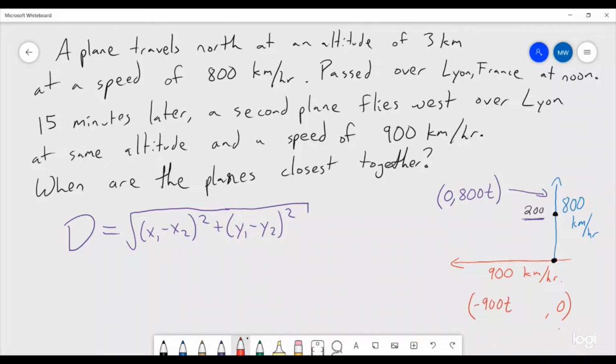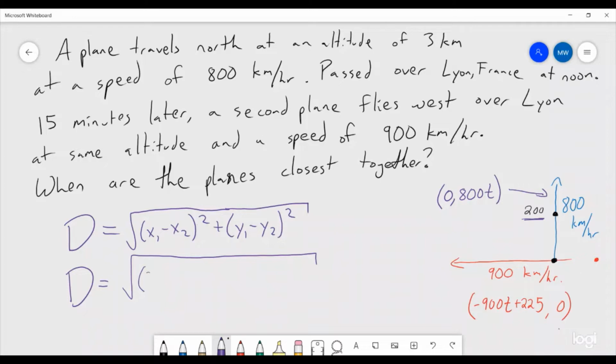But then the challenge is we don't start at the origin. We're starting back here some distance. And how far is that? Well, that's 1/4 of 900. So that's going to be 225. So plus 225. So those are our different values, and we can plug those into our distance equation. So distance is equal to the square root of x1, 0, minus x2.